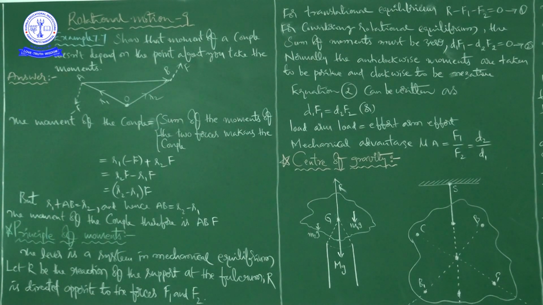Moment of a couple means two forces. Suppose, for example, if you open a water bottle, there also we need to apply two forces. So wherever you apply two forces which cause rotational motion about a point, what is the resultant of these two forces acting?